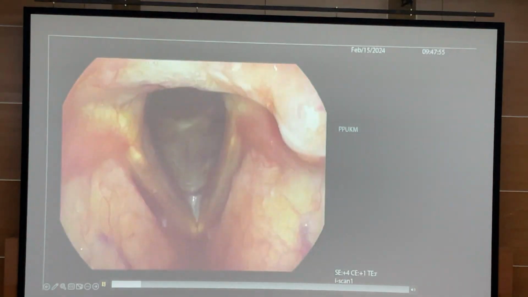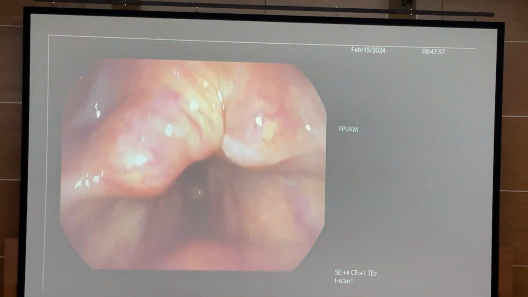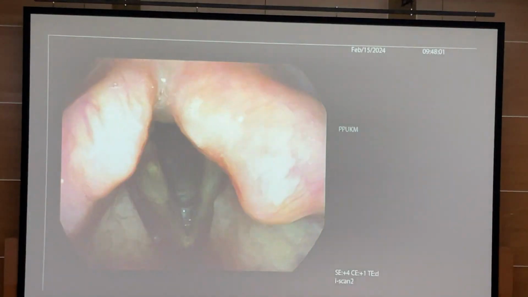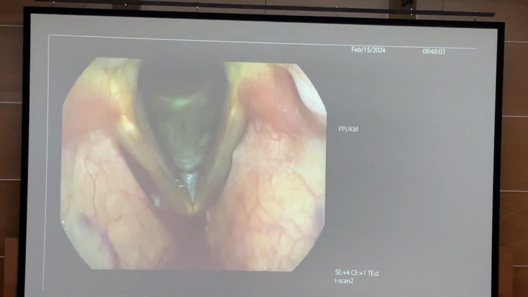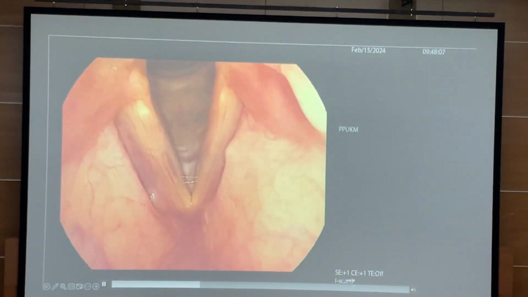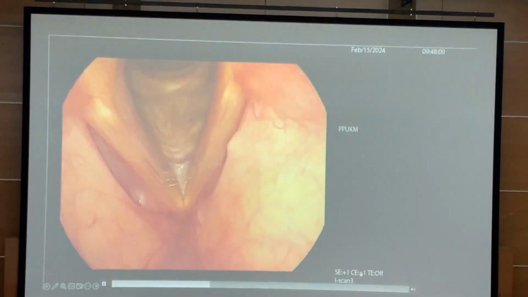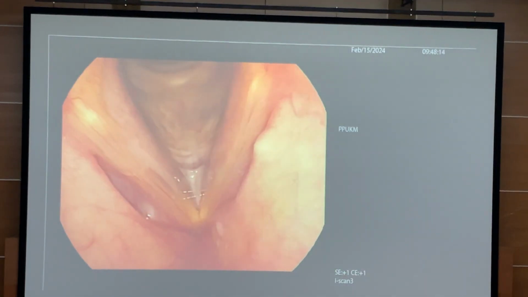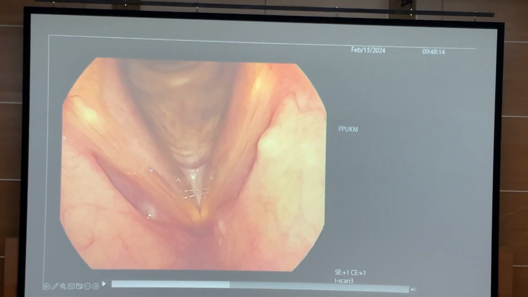So, did you see anything? The patient has hoarseness. Now with eye scan, just now with white light, now with eye scan 3, just now was eye scan 2. Can you see anything? Can you see this? Sulcus.